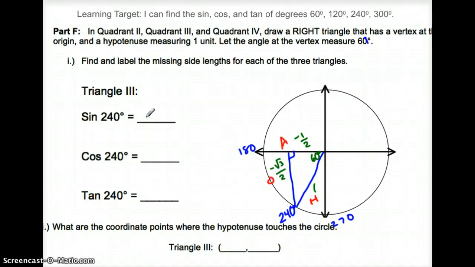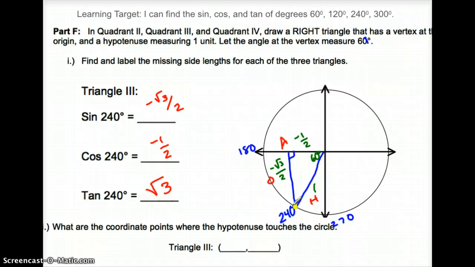And so when I do sine, cosine, tangent, sine would be O divided by H. So that would just result in negative radical 3 over 2. Cosine, A divided by H, just a negative a half. And then tangent, okay, it's the same numbers being divided, O divided by A, but they're both negative. So we're going to go back to being a positive radical 3.